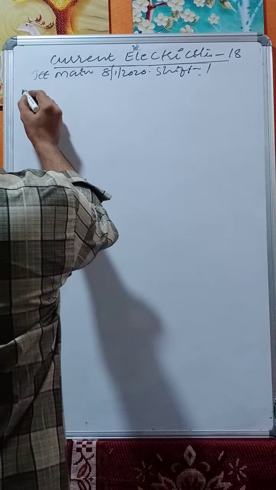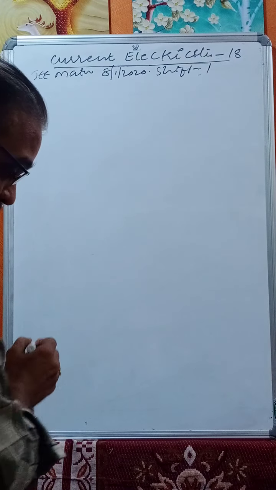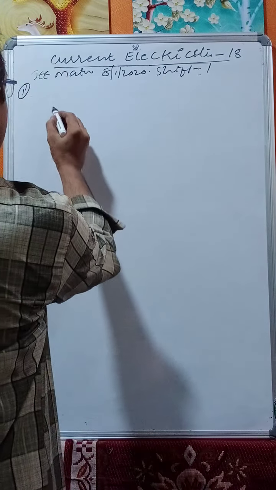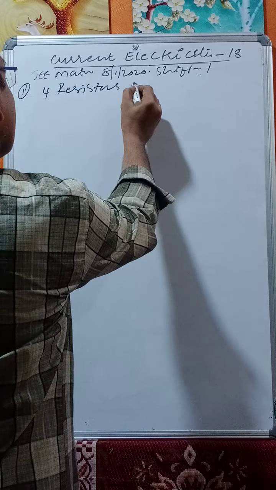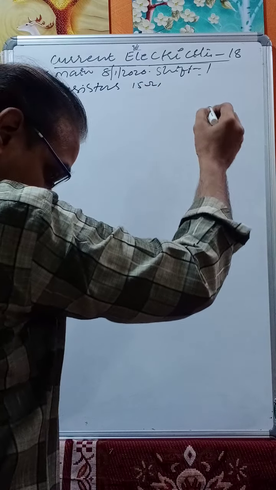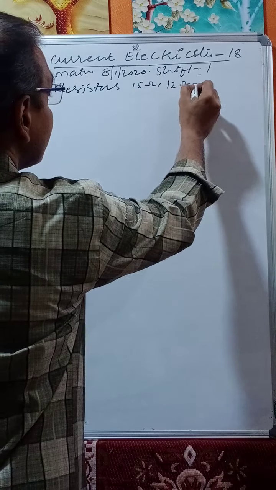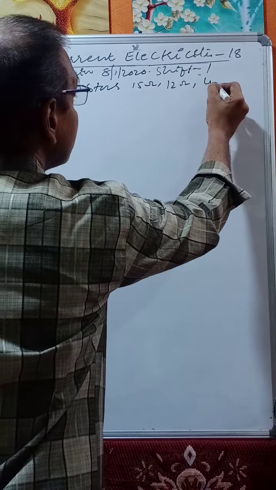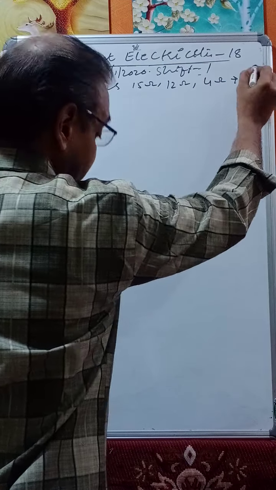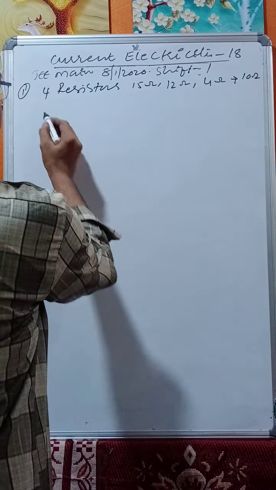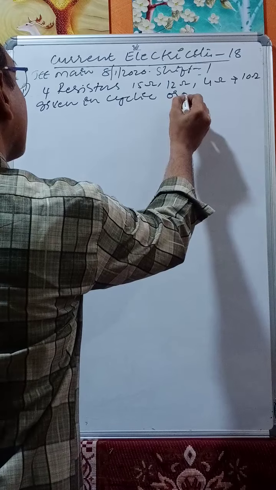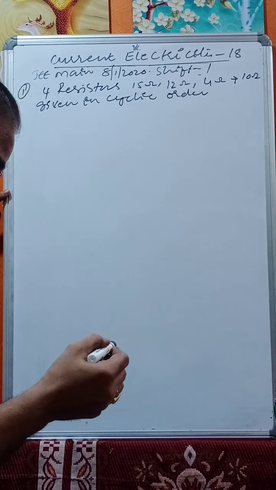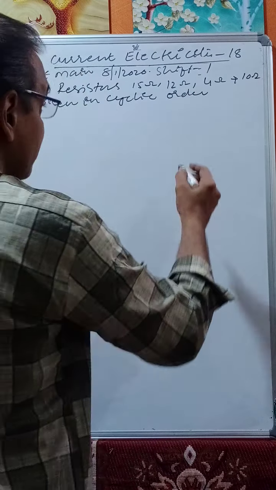The problem is: 4 resistors, 15 ohms, 12 ohms, 4 ohms and 10 ohms, given in cyclic order to form a Wheatstone bridge.